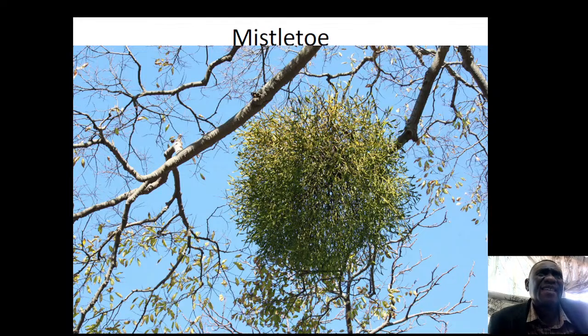Well, what you are seeing here, it's a shoot parasite, the mistletoe, which can attack trees, but so far it's not a problem in this country, but in wild trees you may find it, and probably it plays a role in nutrient cycling.